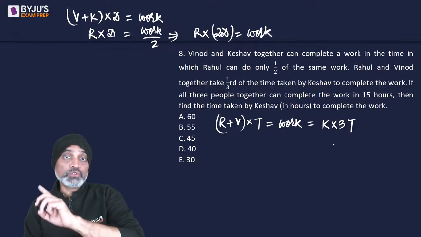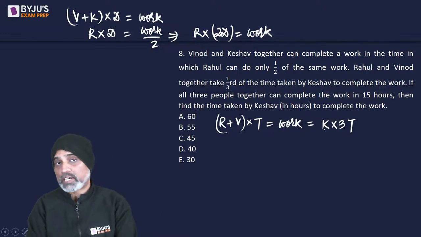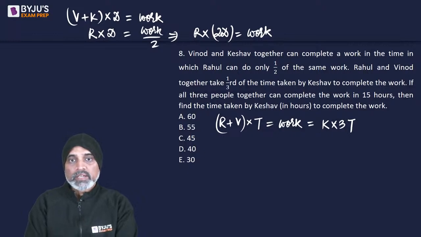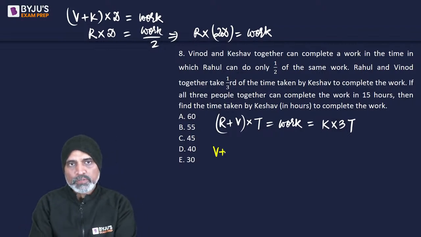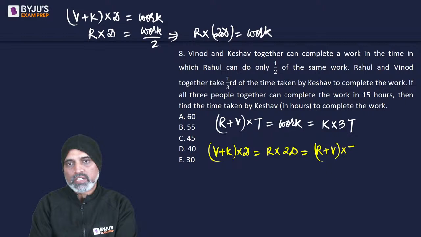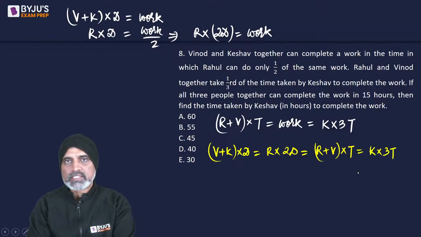Keshav's is 3T, so its 1/3 will become T. That's what Rahul and Vinod take. So if I include all of this, can I say Vinod plus Keshav into D is equal to Rahul into 2D? The same work is Rahul plus Vinod into certain time, which is same as Keshav into 3D. All of these equal the work W.